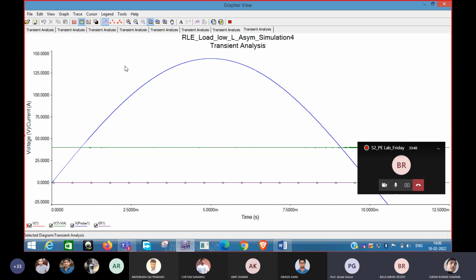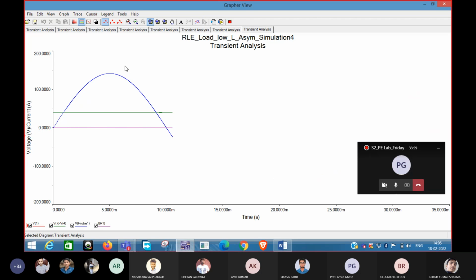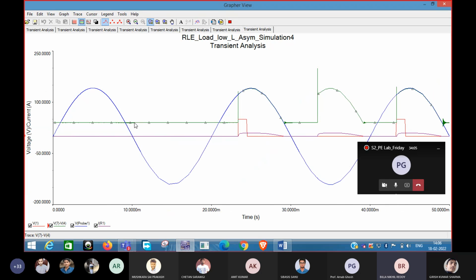But as I set the back EMF to 40 volts, so it's coming, sir. Your output voltage is not coming. The green output voltage, sir, is coming. Okay, it is coming.